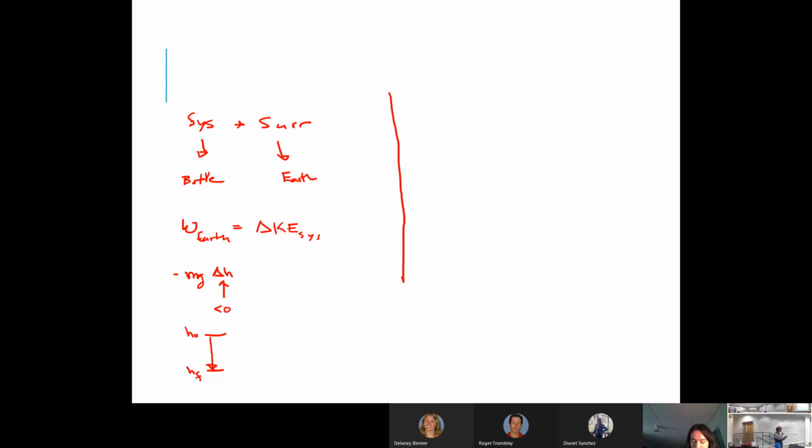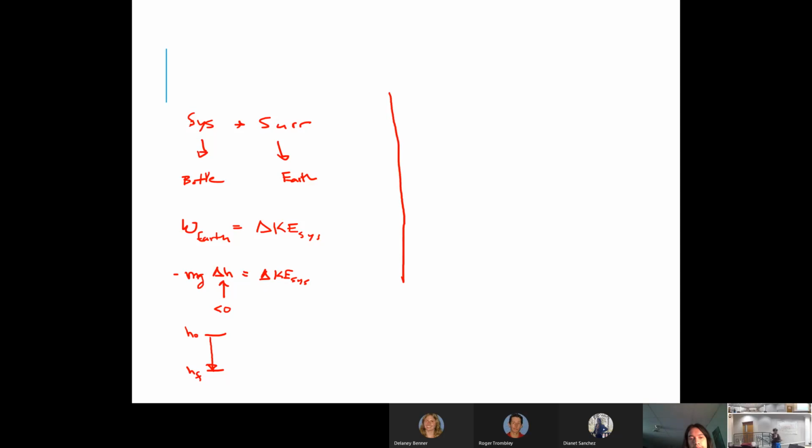This should feel maybe a little rusty, but hopefully it's ringing bells. And so you get a change in kinetic energy here, delta KE of the system.